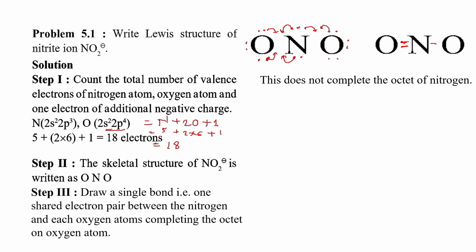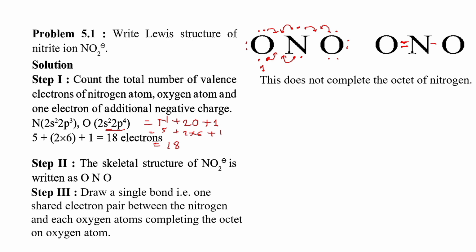These are 1, 2, 3, 4, 5 of nitrogen, and shared 6, 7 and 8. So the octet of nitrogen is completed, and the octet of the first oxygen is completed by sharing 2 electrons with nitrogen and forming a double bond. And for the second oxygen, count the number of electrons: 1, 2, 3, 4, 5, 6, and one shared electron by nitrogen, 7.